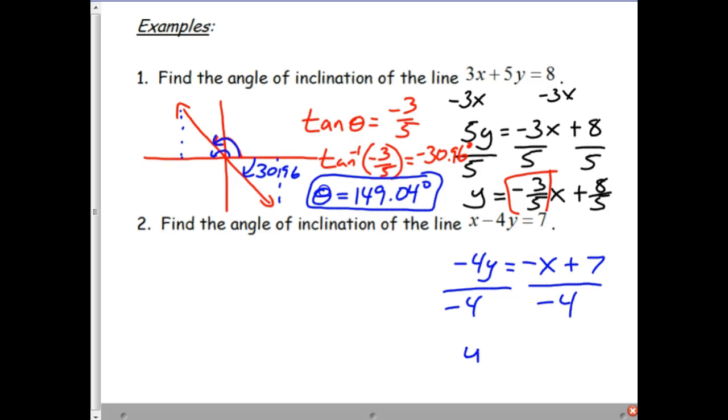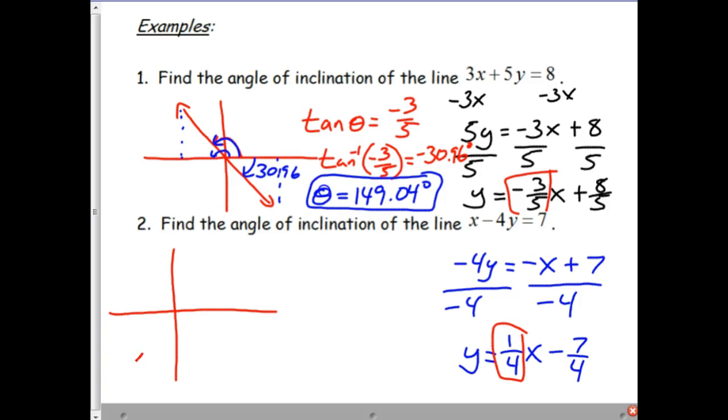And you're given y equals 1 over 4x plus, oh, that would be minus now, right? So minus 7 over 4. The slope is what is interesting to us. This is a positive slope. So your line is going to kind of look like that in a positive direction.